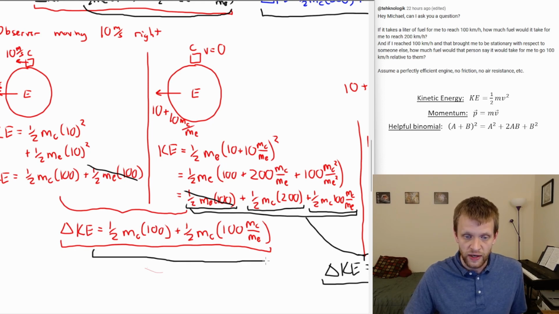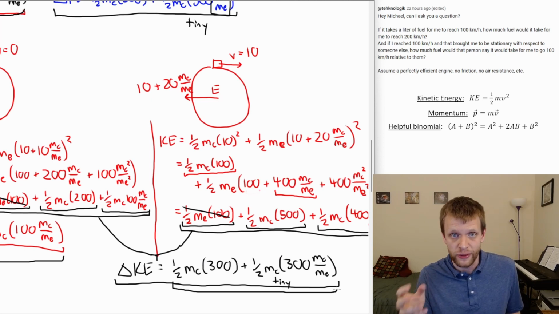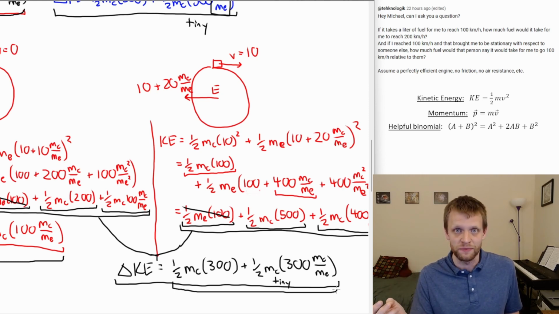If this is equivalent to 1 liter of fuel, this whole thing would be equivalent to 3 liters of fuel. In both of those cases, we can use conservation of energy and identify the entire system and see that this apparent contradiction doesn't end up being a true contradiction as long as we are including that entire system.